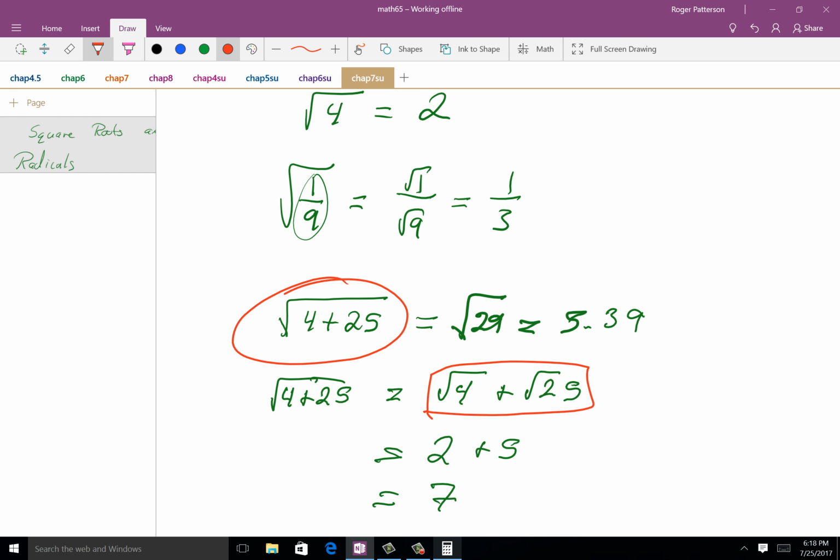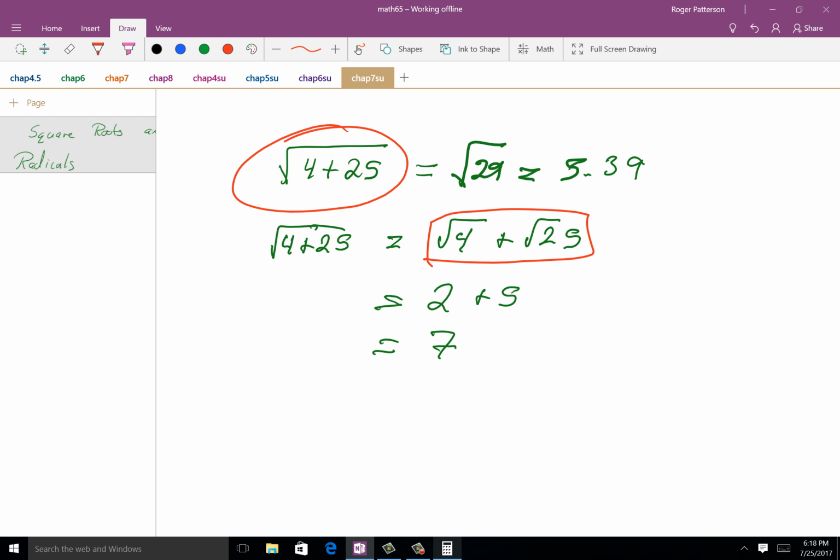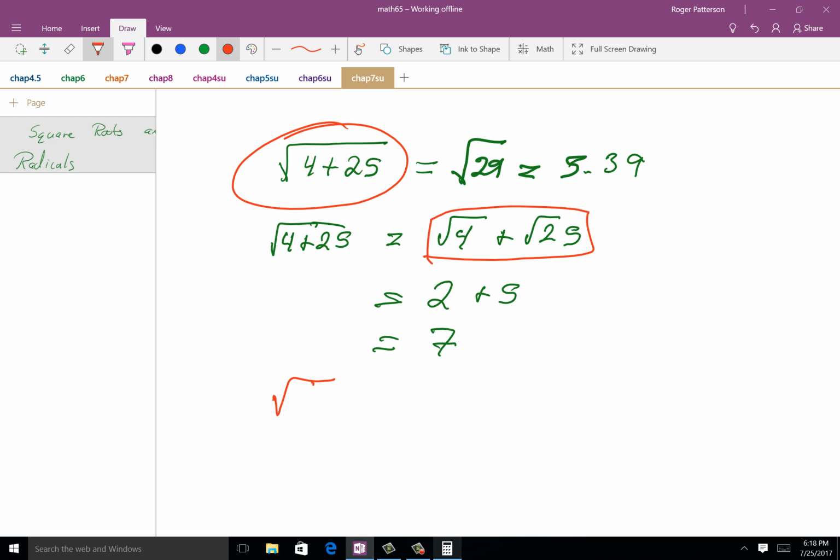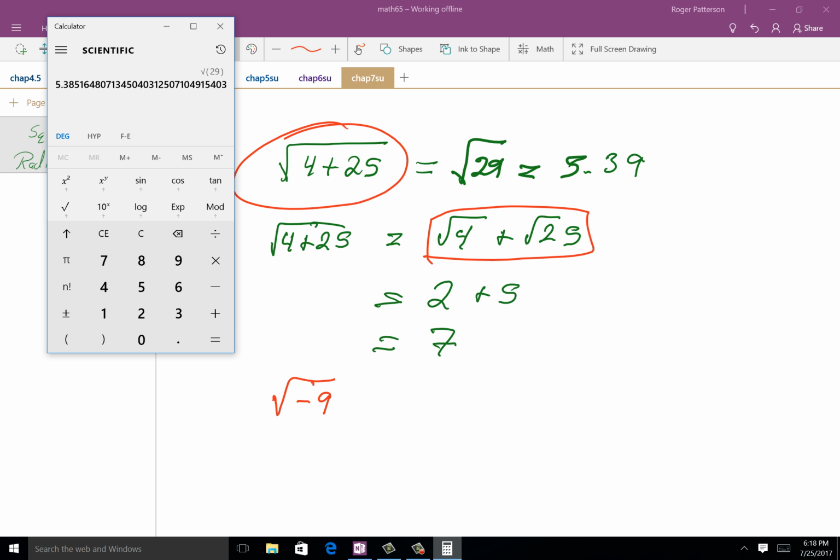The other thing with square roots is this. So if we put a -9 in there, so I'm going to go 9, where's my negative button at?